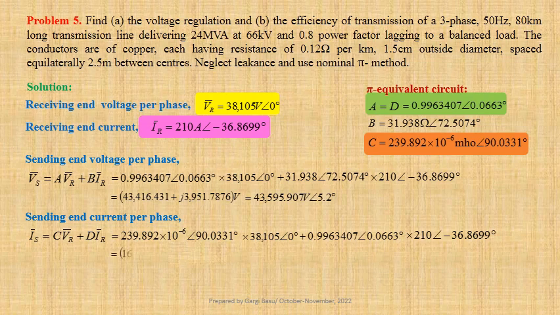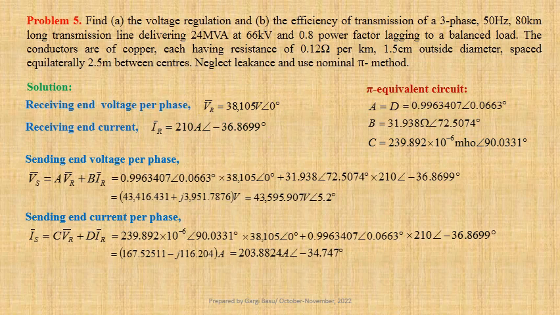That gives us 167.52511 minus j times 116.204 ampere. This may be written in polar form as 203.8824 ampere at an angle minus 34.747 degree.